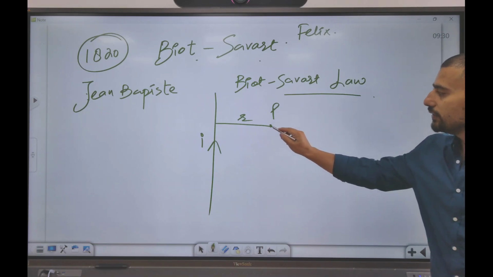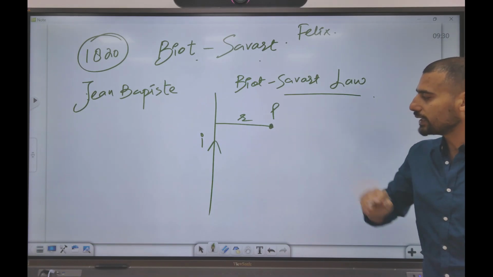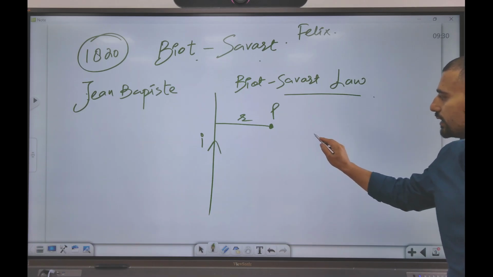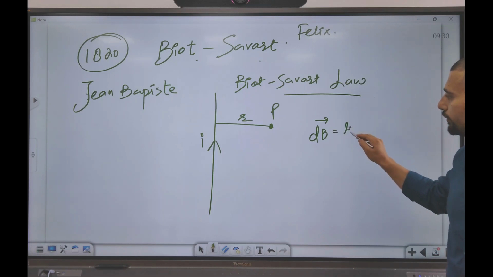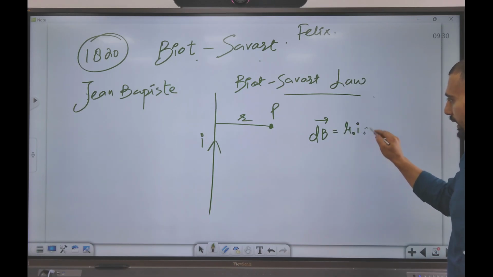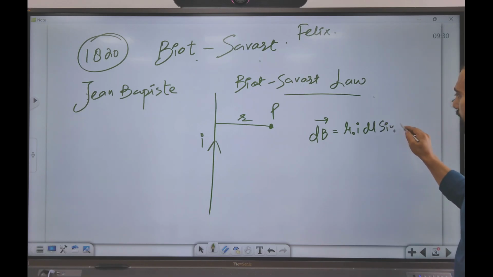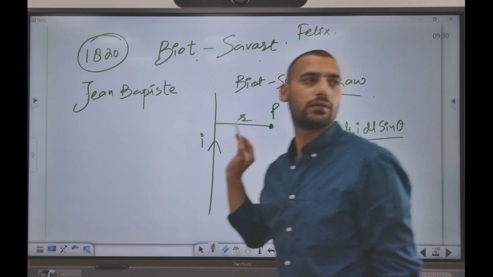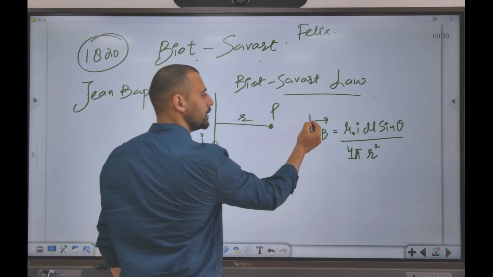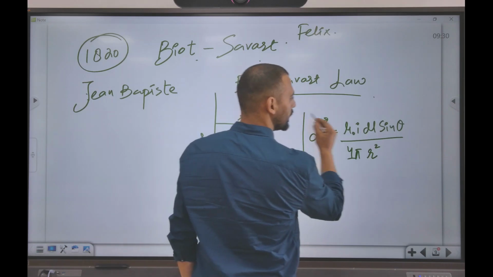The law was this: if you want to calculate the magnetic field at point P, then the equation is this: small magnetic field dB is equal to mu naught I dl sine of theta upon 4 pi r squared. This is the law. This is the equation. This is the original method to find the magnetic field.